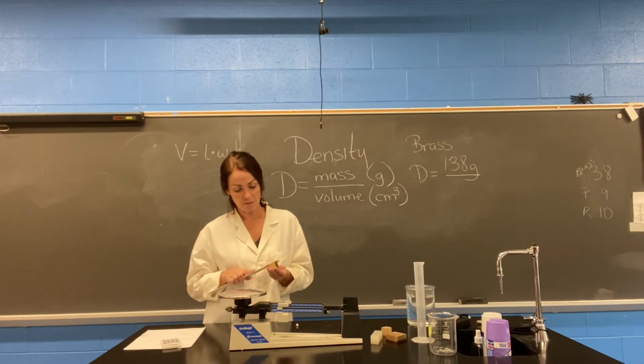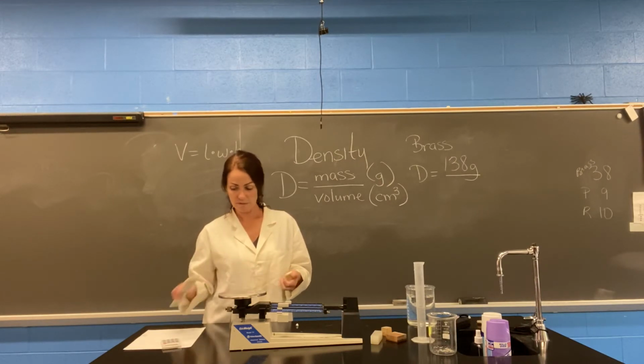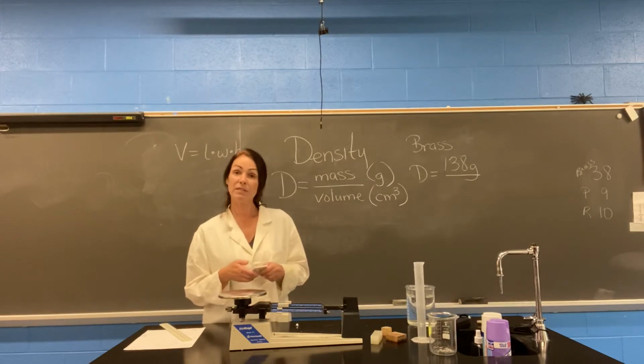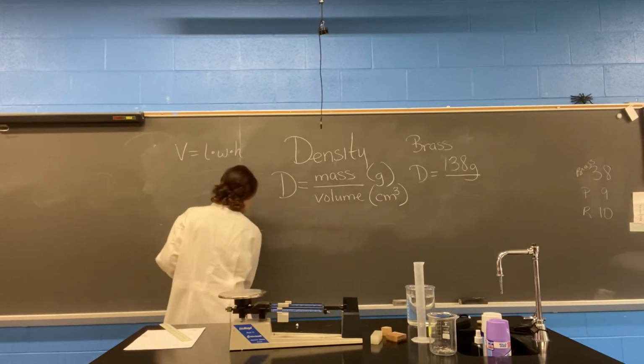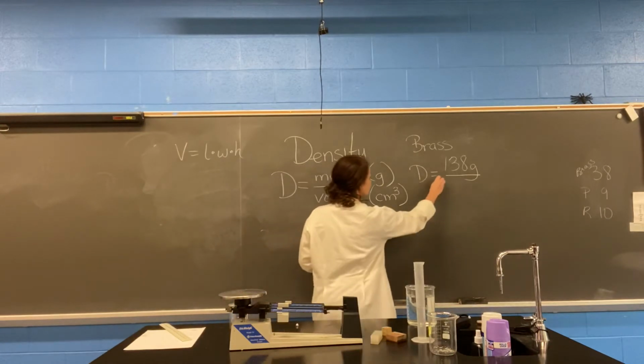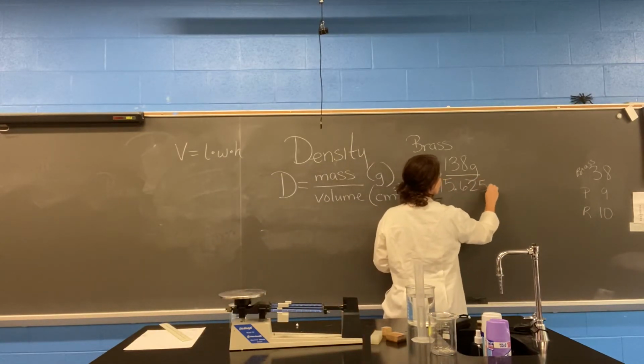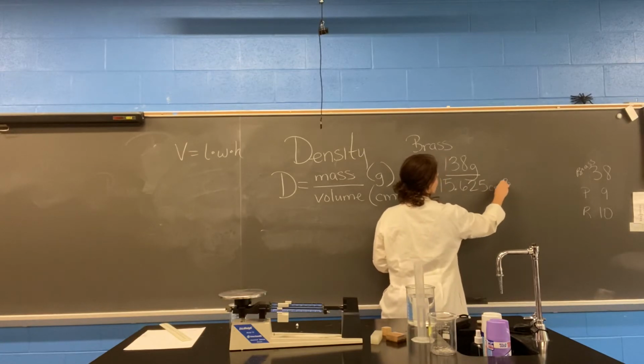So it's 2.5 times 2.5 times 2.5. We grab our little calculator. 2.5 times 2.5 times 2.5 equals 15.625. So we're going to write that down, 15.625, and again, it's cubic centimeters.